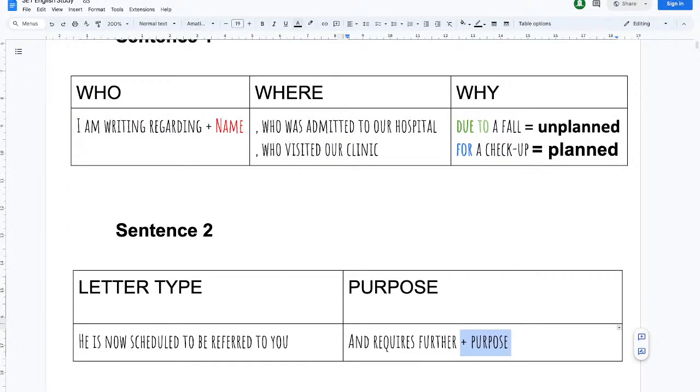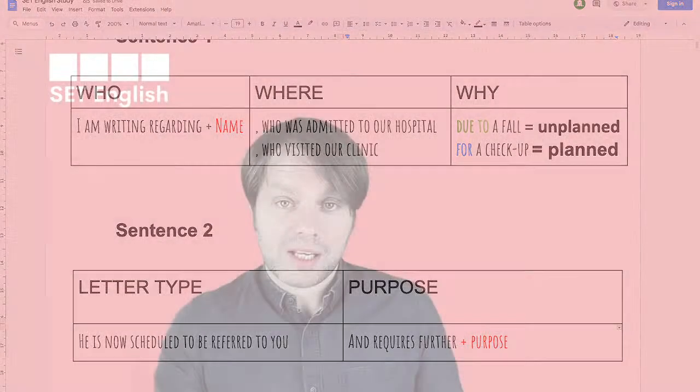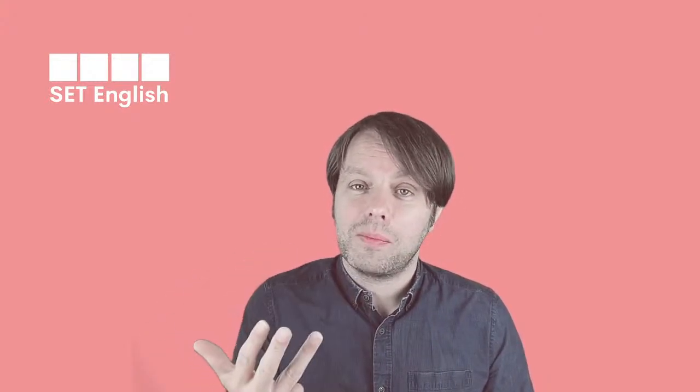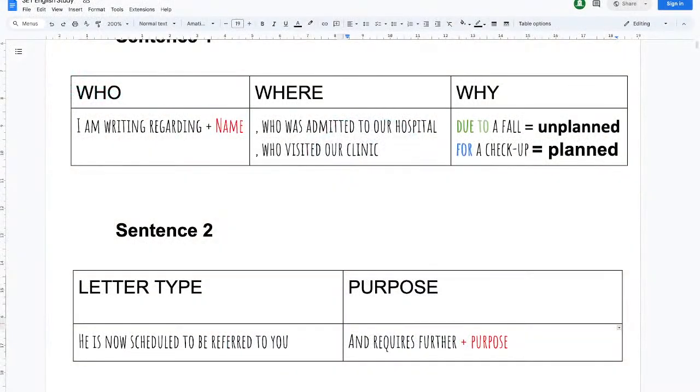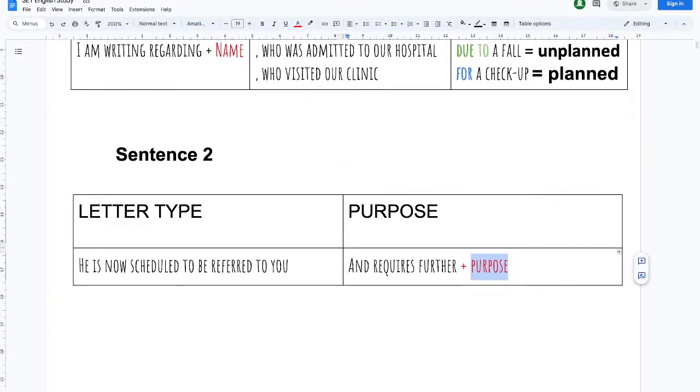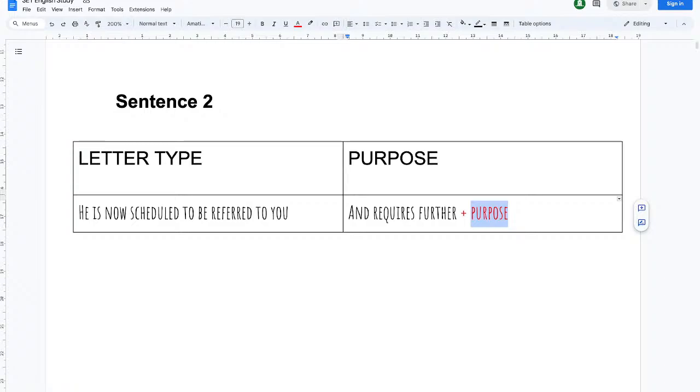For example, type them in the chat, guys, but look, care and support, monitoring, evaluation, assessment, treatment, diagnosis. All of those things are examples of purposes. Okay? So it really is the way to go.